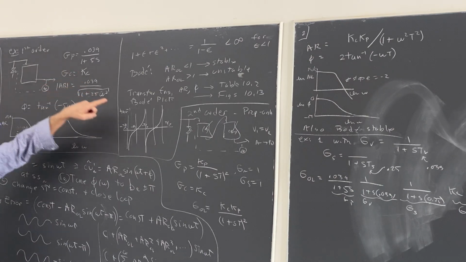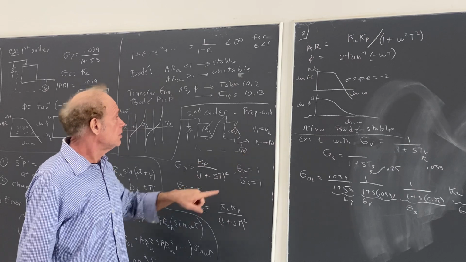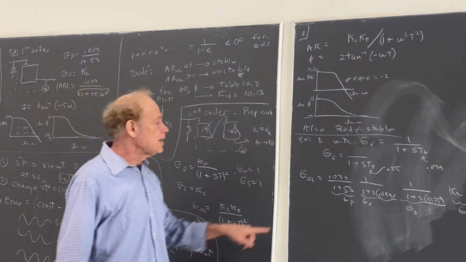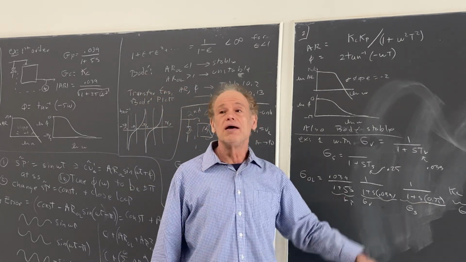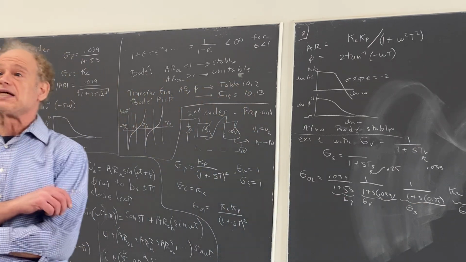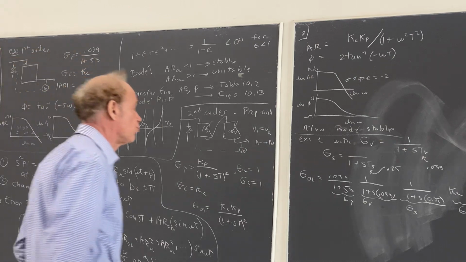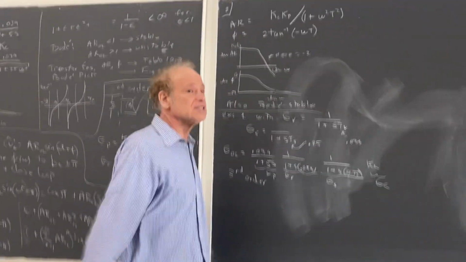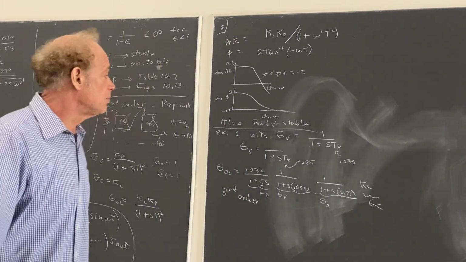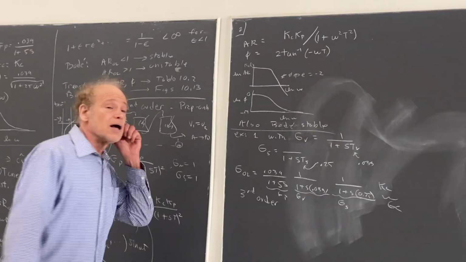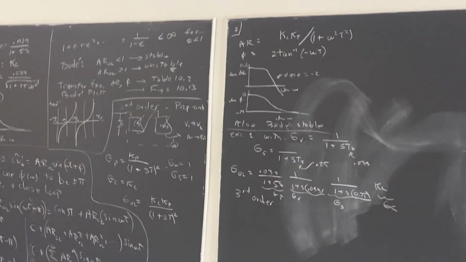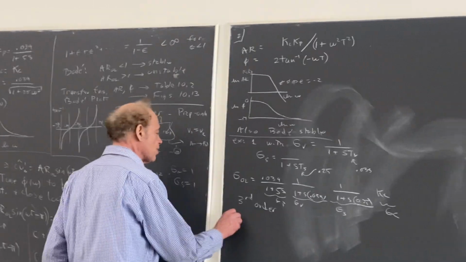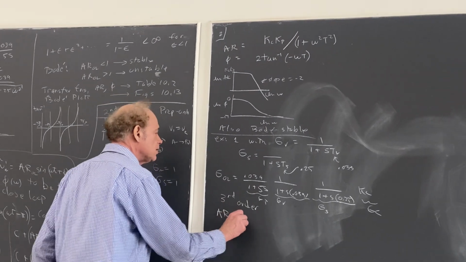Here we had a second order system because G open loop was second order. Now notice I've got three factors of 1 plus s times something in the denominator. So this is third order. We saw that first and second order were stable. What about third order? Well, again, I'm going to use these facts to determine what my amplitude ratio is. So the amplitude ratio for the open loop system.